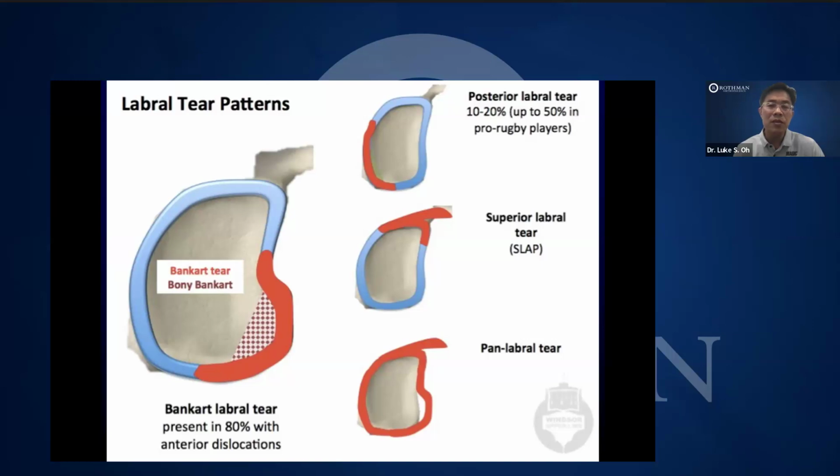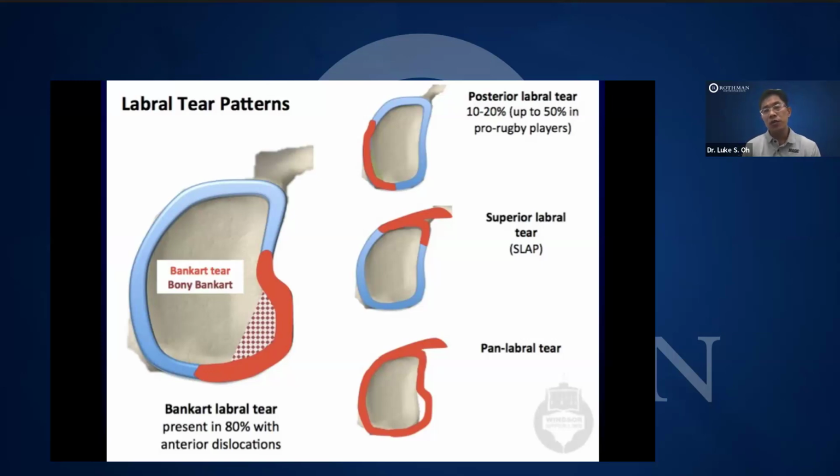In some cases, you can have posterior labral tears where the shoulder subluxates or dislocates posteriorly. Most classically, it's a subluxation posteriorly rather than a dislocation where it's completely out the back.